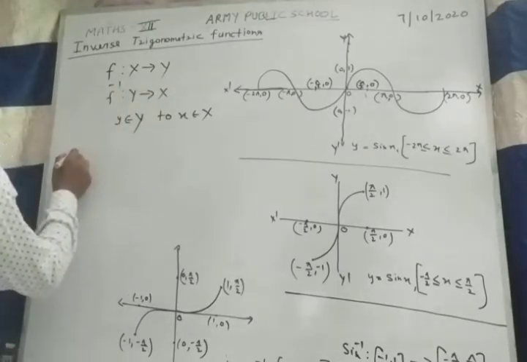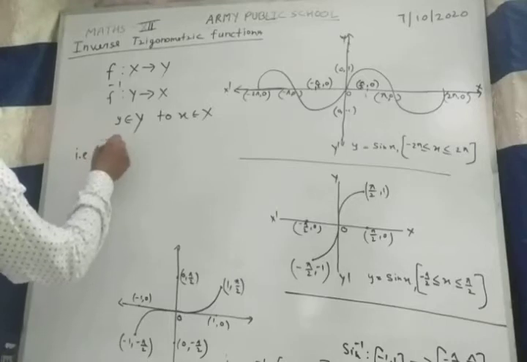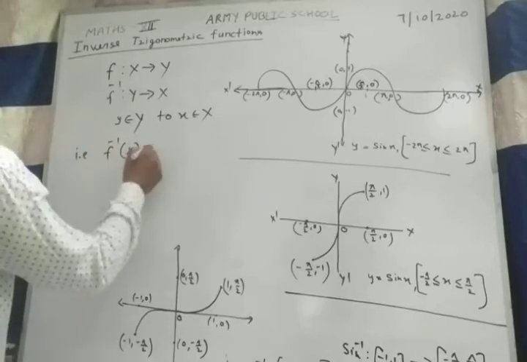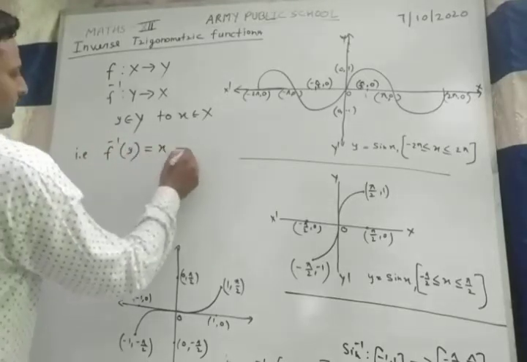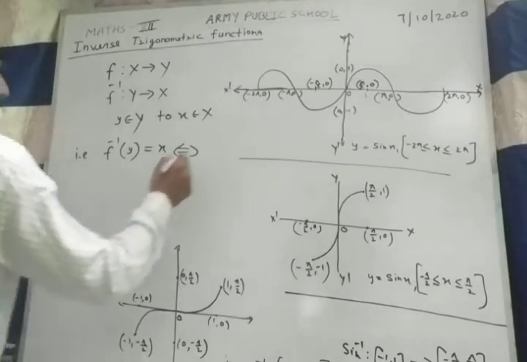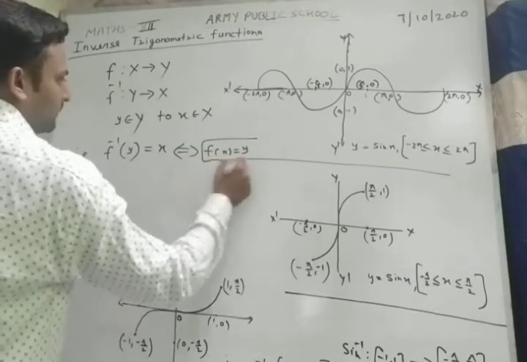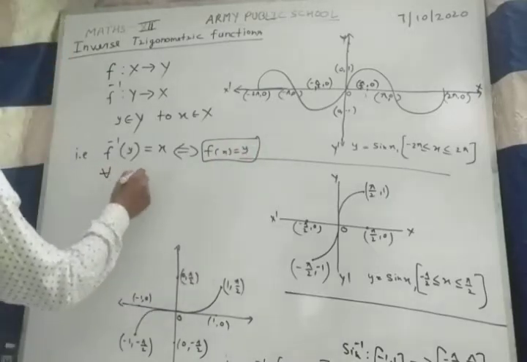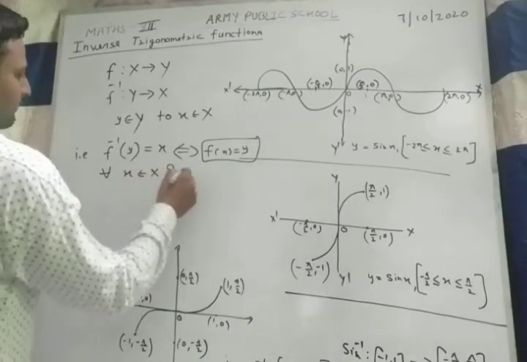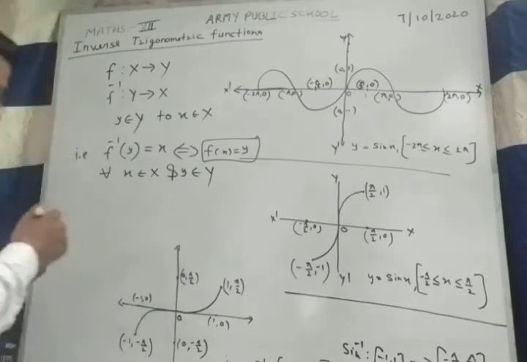That is, f inverse of y is equal to x if and only if f of x is equal to y, for all x belonging to X and y belonging to Y.